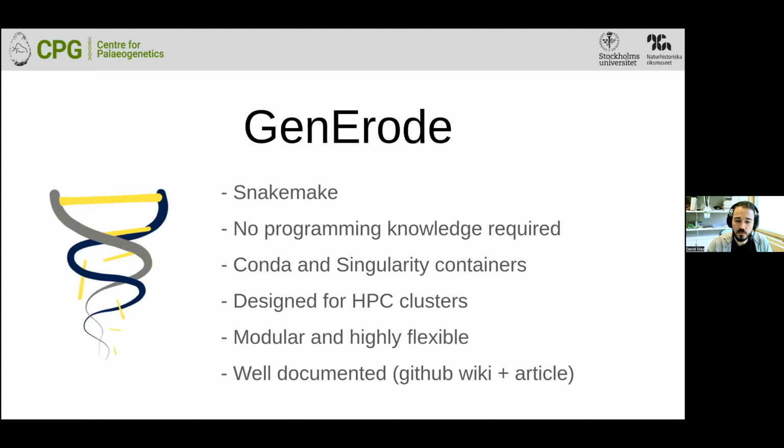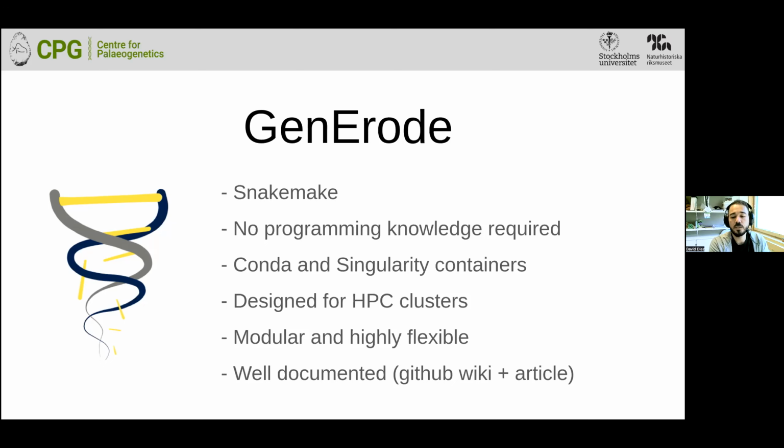You can use it basically in any cluster. It's designed for high performance computing clusters because the amount of information that it processes is quite large, and also the space that you need is quite large. But depending on the number of samples that you have and the purpose of your analysis, you may be able to run it on a computer.